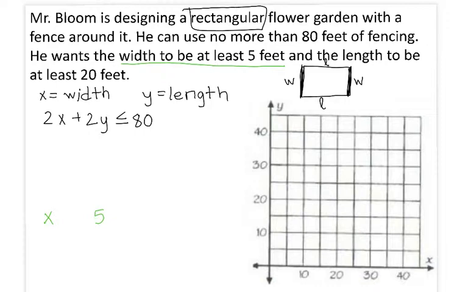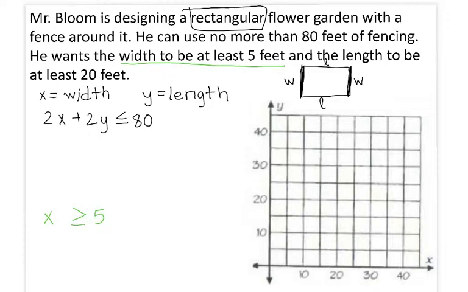So for the inequality, whatever the width is going to be, it needs to be bigger than 5. So like 6 could be a possible width. So that means this number is greater than this number. So we're going to have x greater than or equal to 5 because it needs to be at least 5 feet.